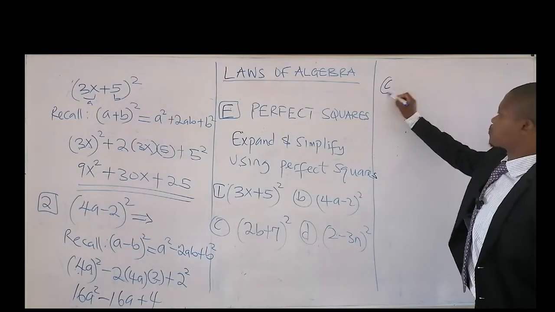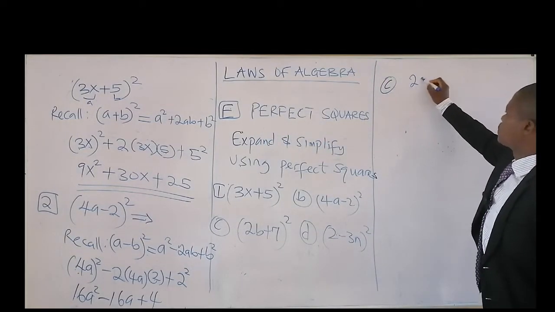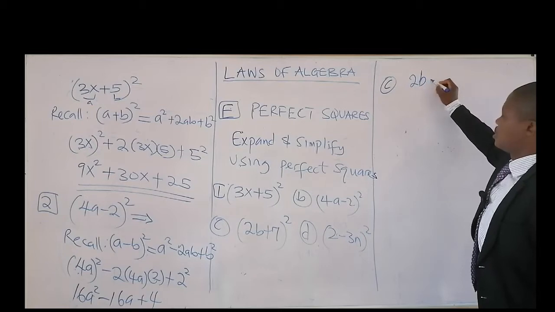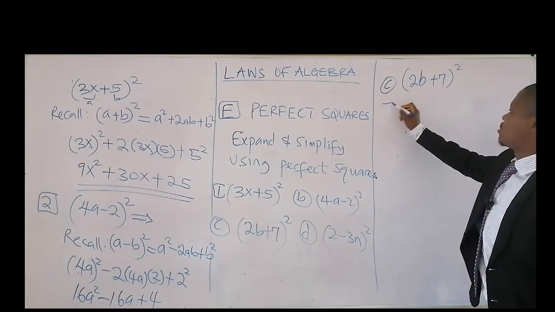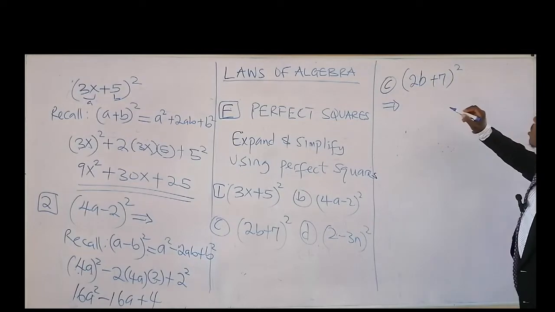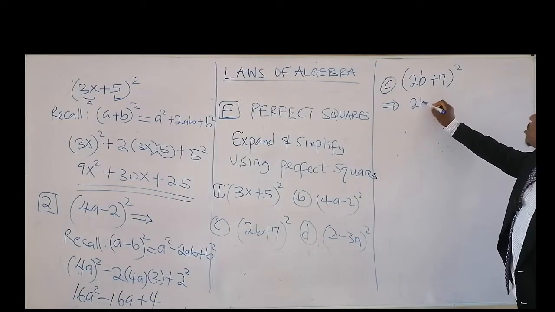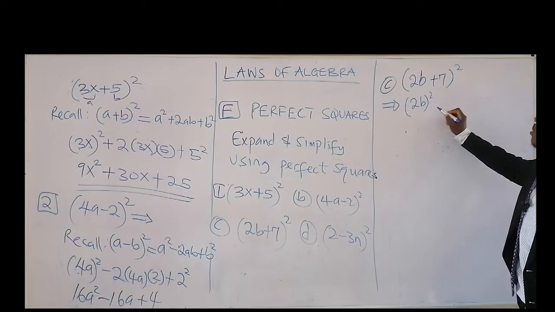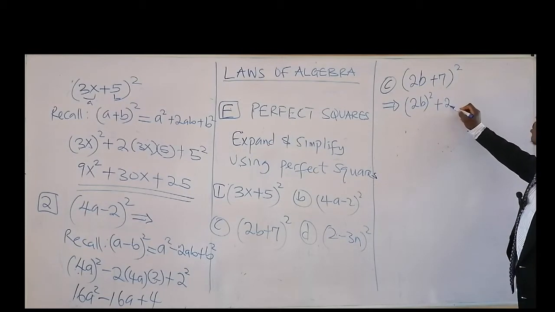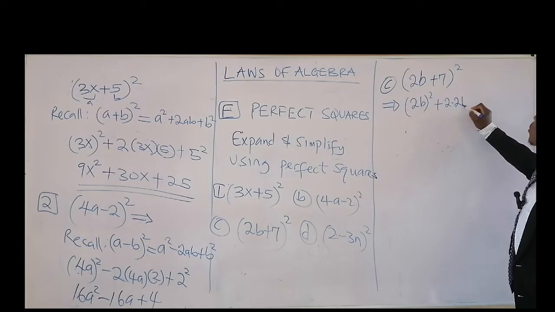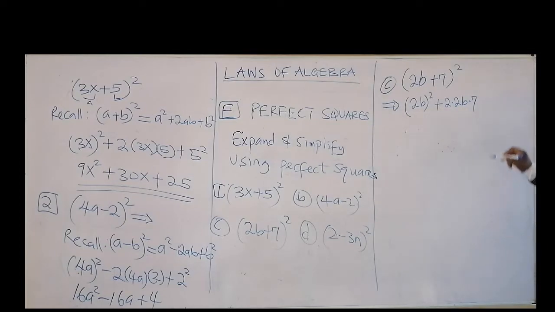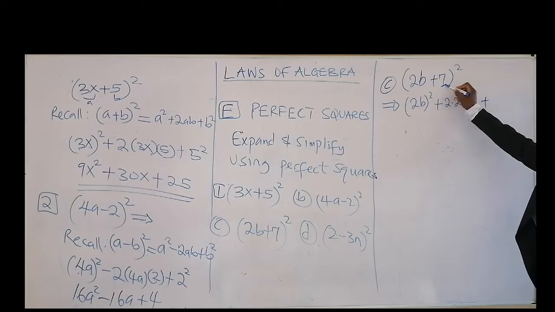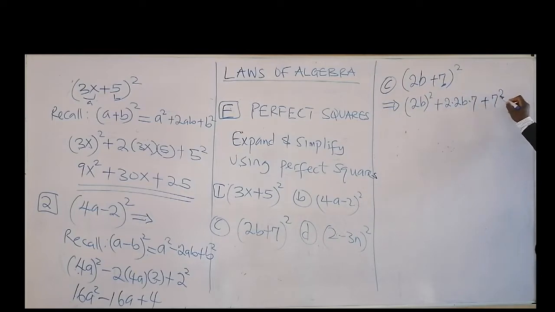The third one, we have 2b plus 7 all squared. So this will be 2b, that's a squared, then plus 2 times a, which is 2b, times b, which is 7, and then plus b squared, which is 7 squared.